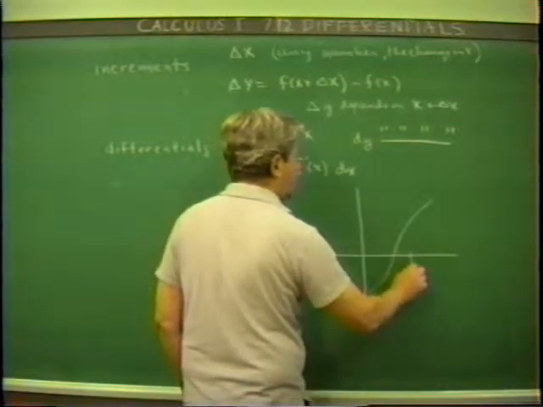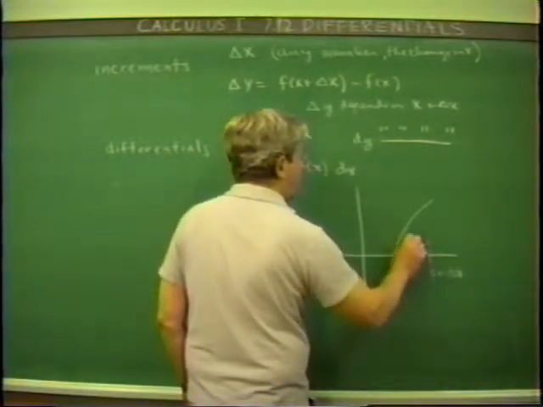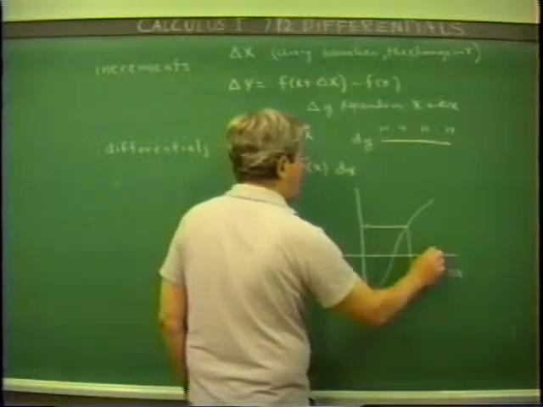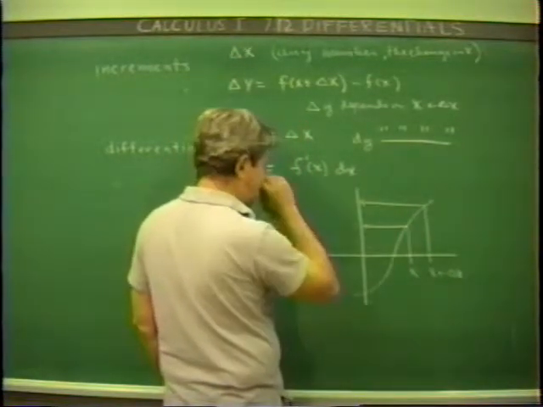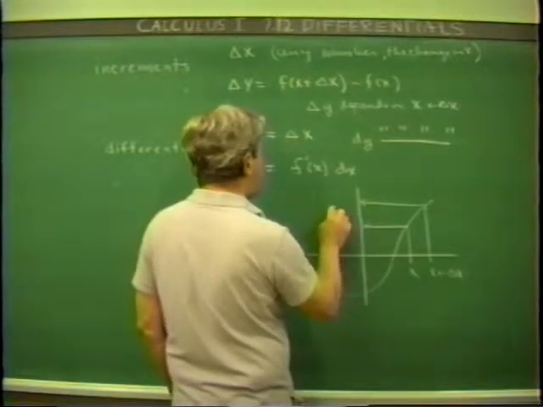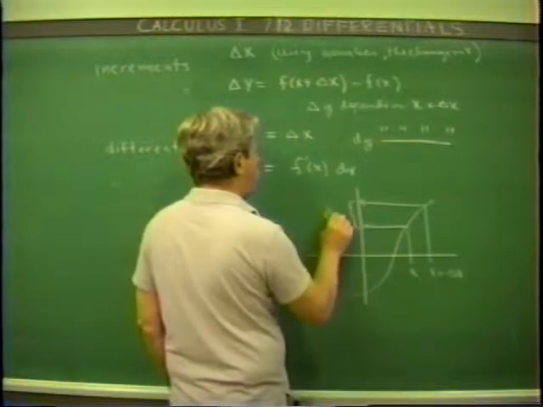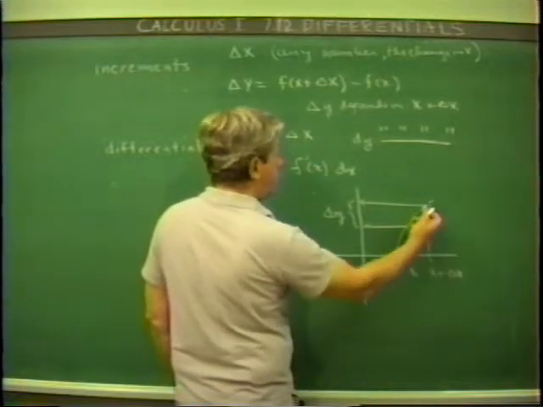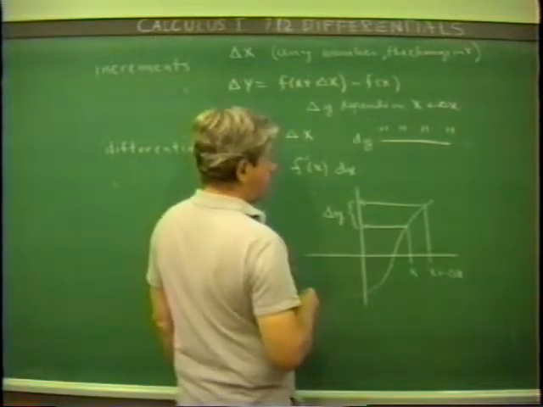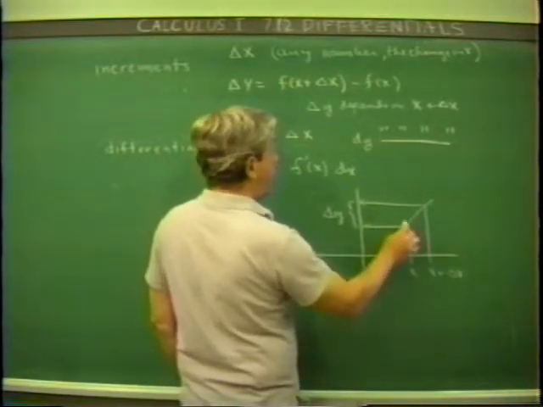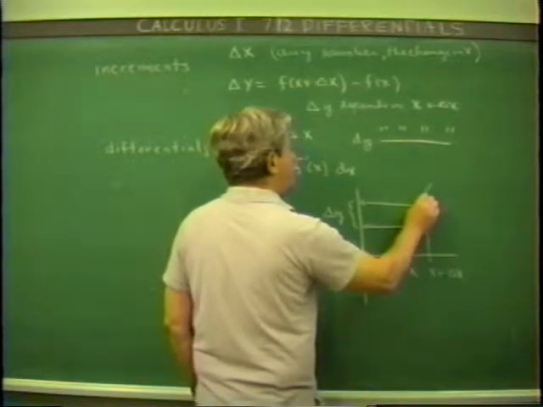The picture here is this. If you have a function like so, and this is x, and this, let's say, is x plus delta x, then here's the value of the function at x. Here it is at x plus delta x. And so the change, delta y, is the difference between the function at x plus delta x and the function at x.